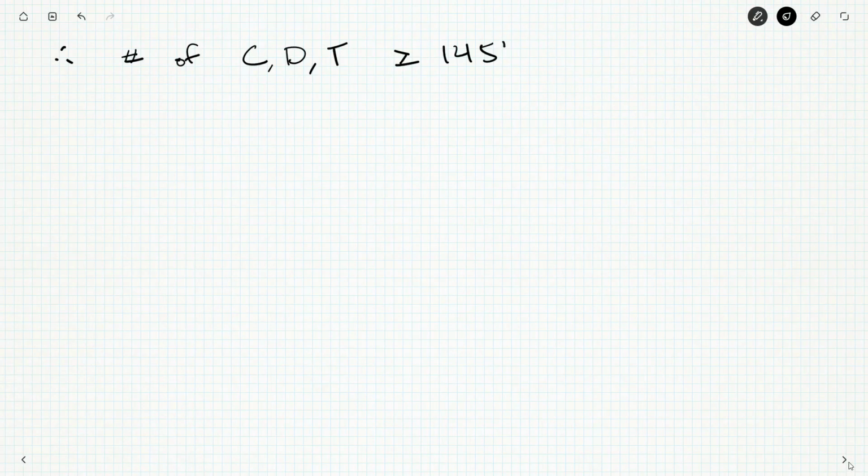And so the number of cat, dog, and turtle is at least 1454 minus 835, and that would be 619. And so I'm saying there has to be at most 619 there.